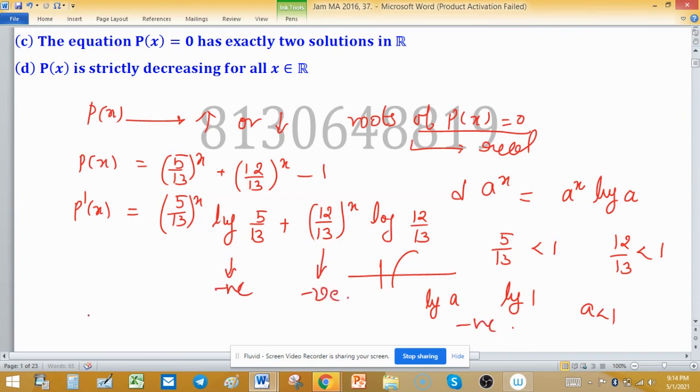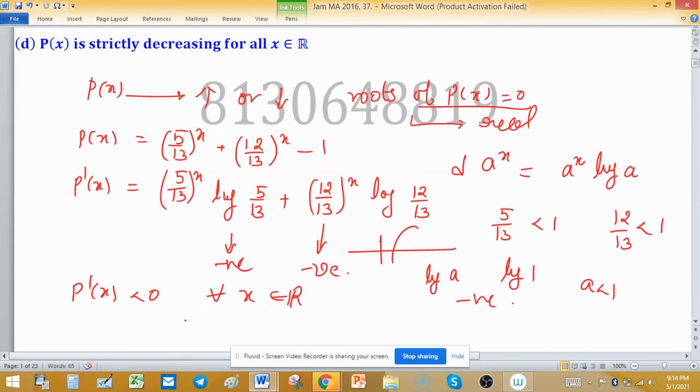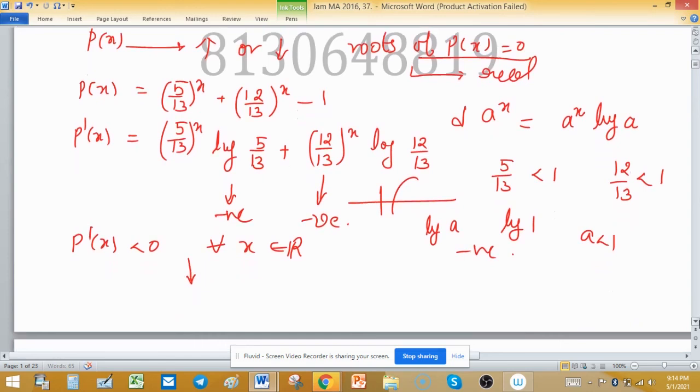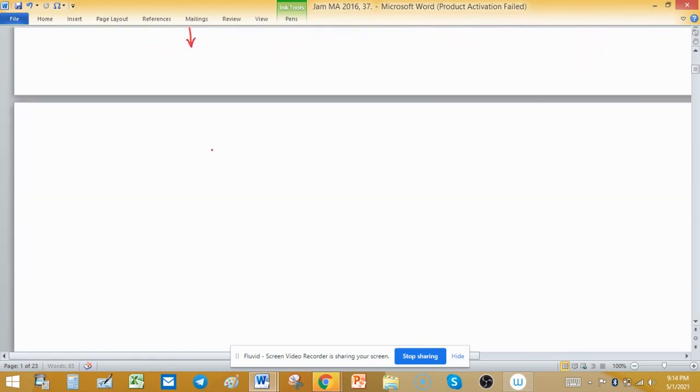So the entire P'(x) is less than 0, and this is true for all real x, meaning P(x) is decreasing. P(x) can decrease in two ways, concave or like this. If a real root exists, it means that only one real root will exist.